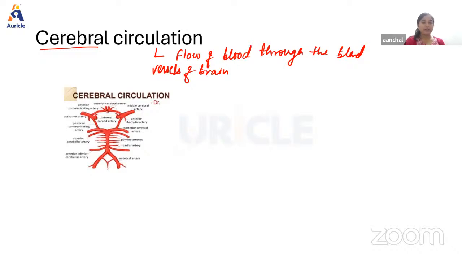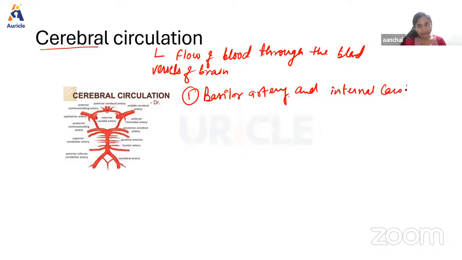Now, there are several blood vessels that we call cerebral blood vessels. Okay, so the brain receives blood from the basilar artery and the internal carotid artery, and branches of these arteries form the circle of Willis.